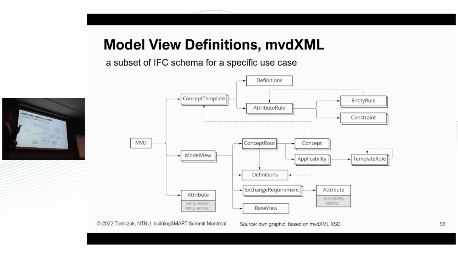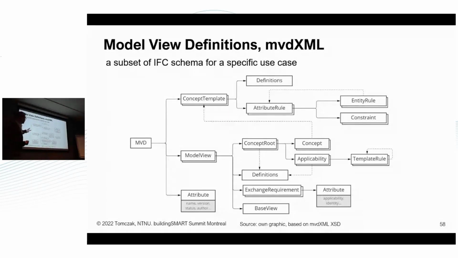But this was a way to somehow standardize parts of IFC that should be implemented in the software. So for example, when you have software to calculate circularity, you don't need to have all of the information about IFC, so you could only implement the MVD specific to circularity calculation, which I don't know if it exists. I think it doesn't. But here is what MVD XML consists of.